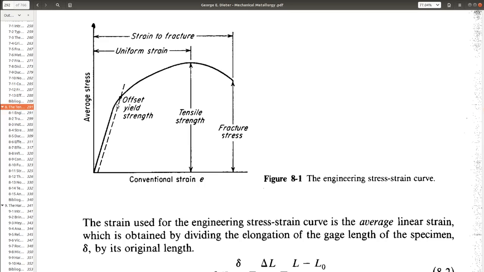So for certain materials they use the vertical line, and for others the offset parallel line. That's how we can identify the yield strength. So the yield strength is the limit beyond which the material will have a permanent deformation.